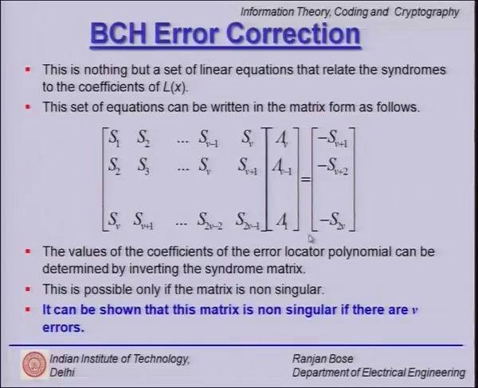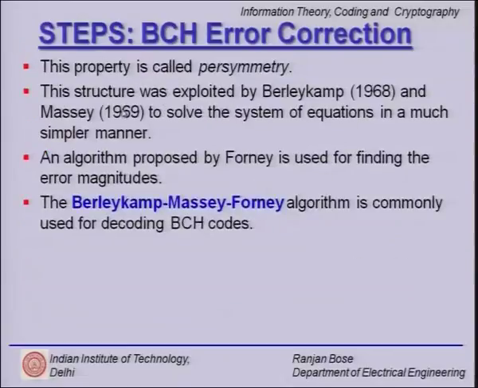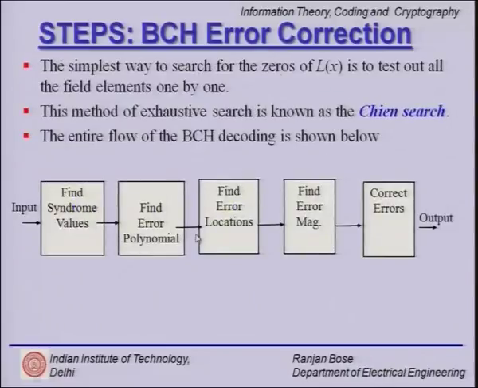This is a very peculiar structure, called the Persymmetry, and this structure was exploited by Berlekamp and Massey to solve the system of equations in a much simpler manner because of the symmetry. And another algorithm proposed by Forney is used to find the magnitude of the errors. Consequently, this efficient technique is called the Berlekamp-Massey-Forney algorithm, and it is commonly used in the industry for solving the error locations and magnitudes of BCH codes.